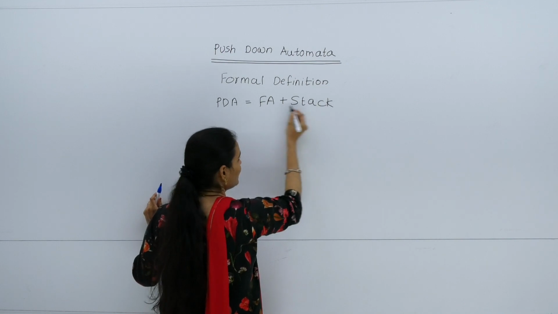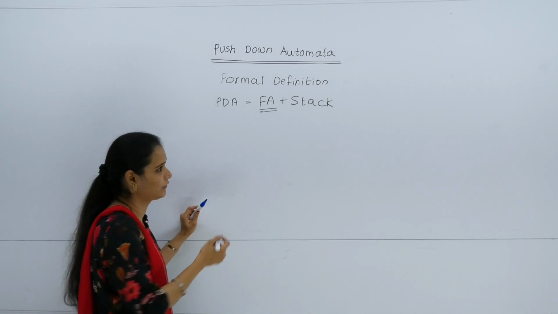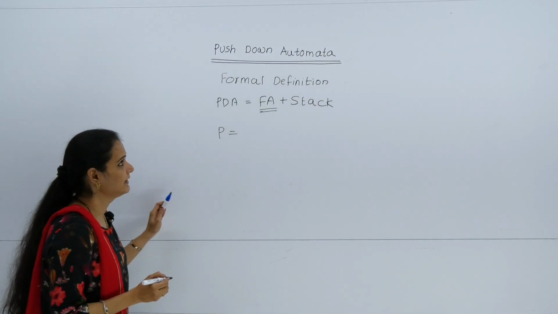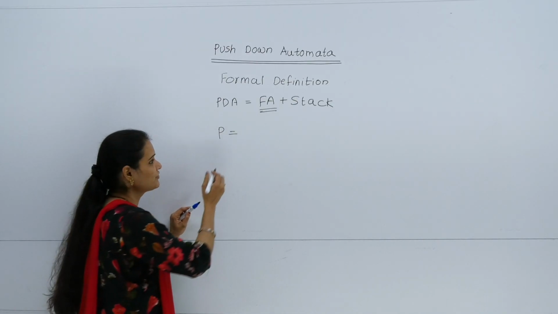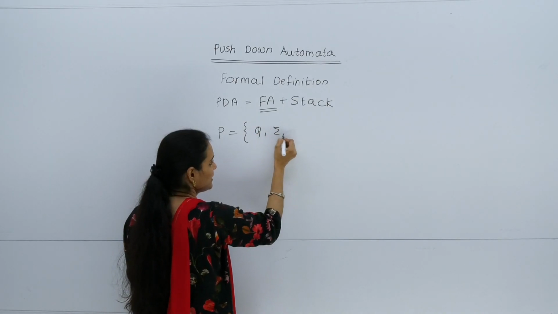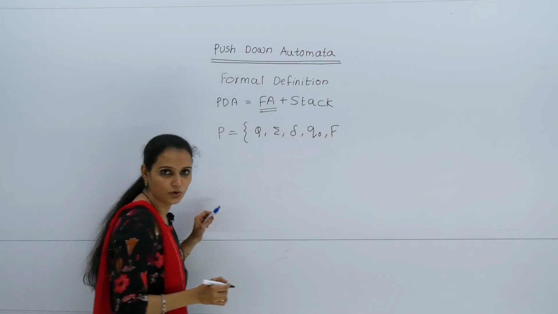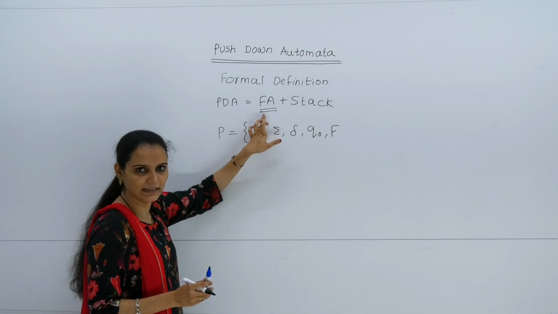Okay, so here we already studied the 5 tuple definition of the finite automata. So here we are now seeing the definition of the push down automata, in which there are 5 tuples: Q, sigma, delta, q0, F. So students, you know that these are the 5 tuples of the finite automata.